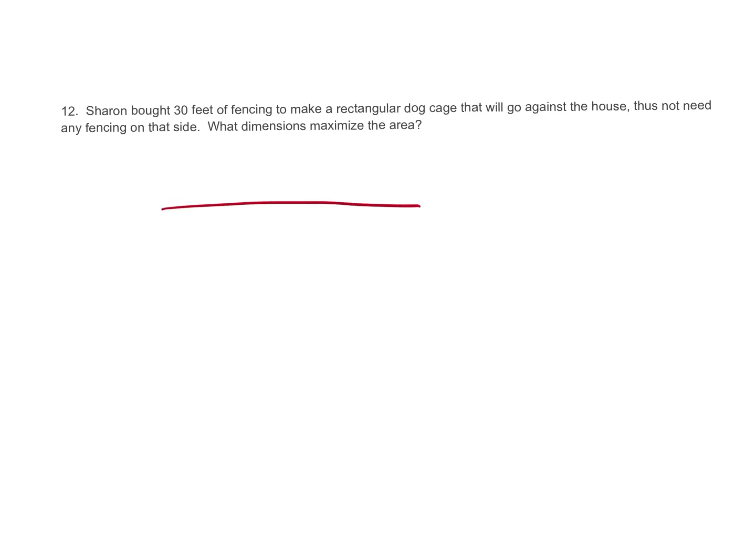So if we have a house and we're trying to put fencing to make a rectangular dog cage, then obviously our variables are x and y for length and width. So the function I'm trying to maximize is area equals x times y. Now the question is, if I'm going to use x as my variable or y as my variable, but I don't want both. So somehow I have to eliminate one by one of the constraints. The constraint in this problem is pretty straightforward.